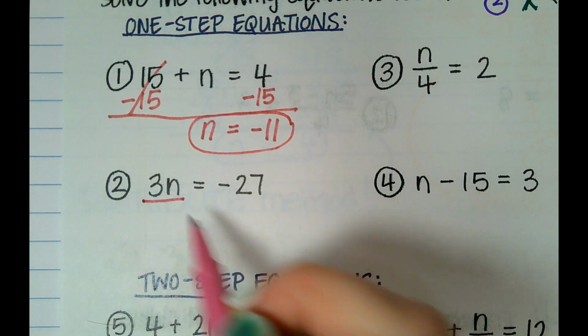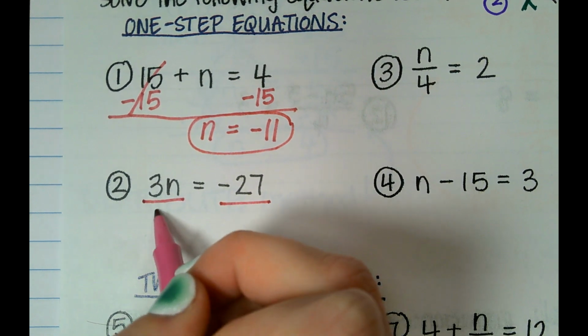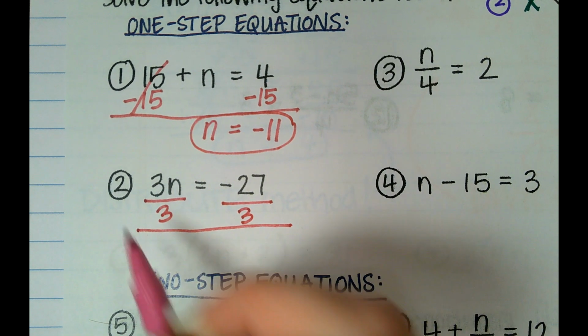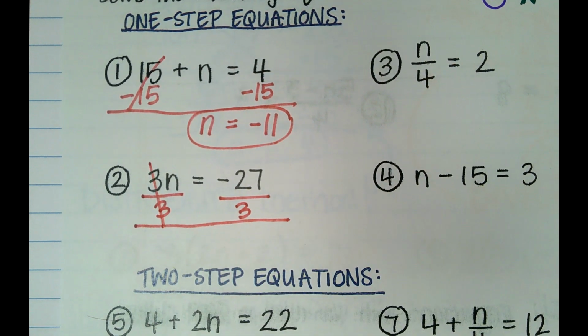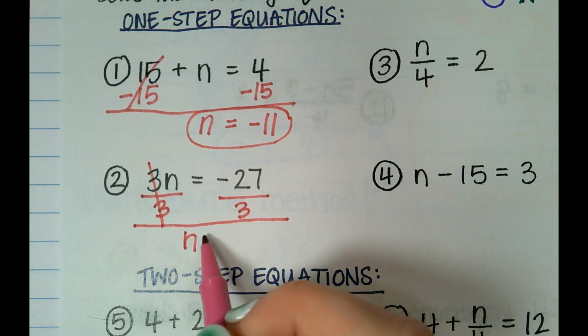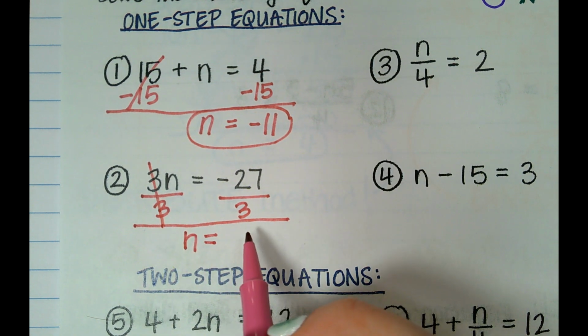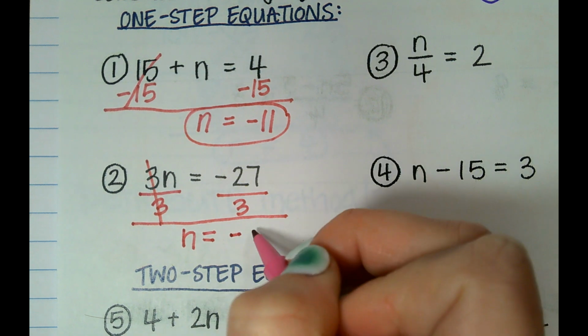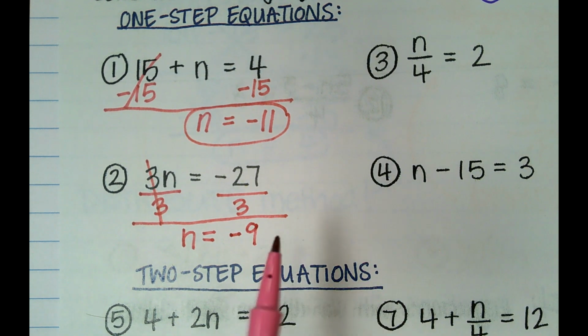Number 2, 3 times n equals negative 27. Divide on both sides by 3. Cancel the 3's. Drop the n down. n equals negative 9.